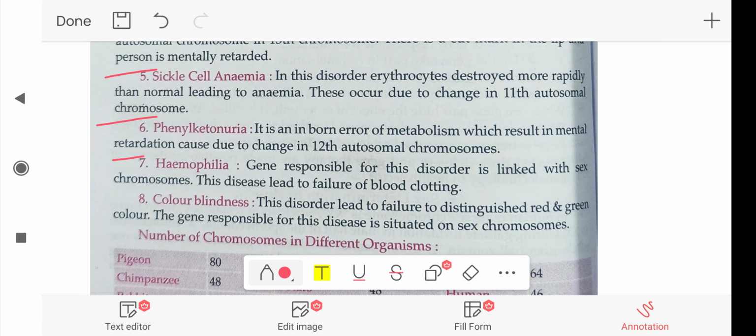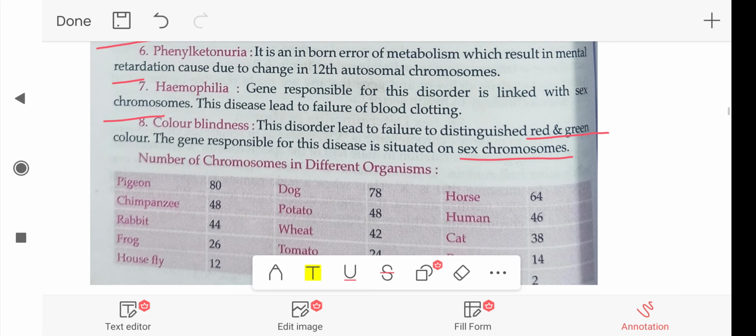Here, the gene responsible for this disorder is linked with sex chromosomes. This disease leads to failure of blood clotting. Next is color blindness. This disorder leads to failure to distinguish red and green color. The gene responsible for this disease is situated on sex chromosomes.